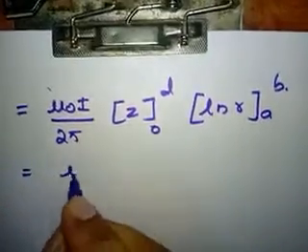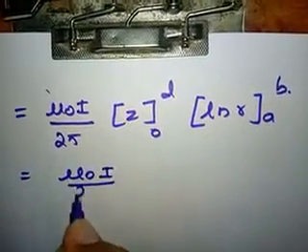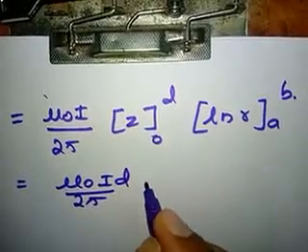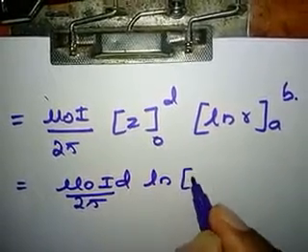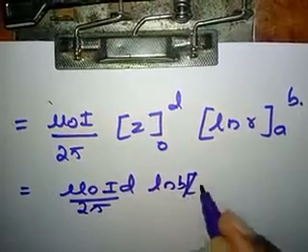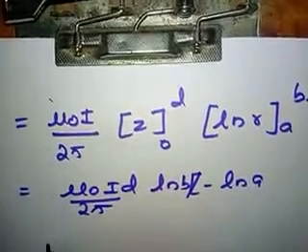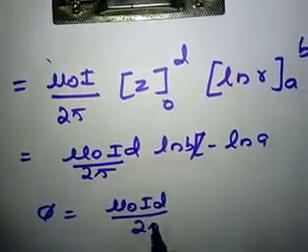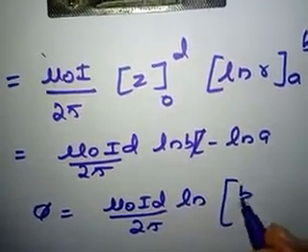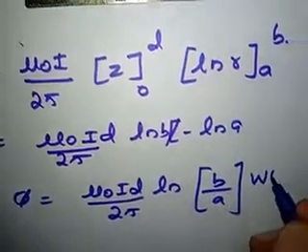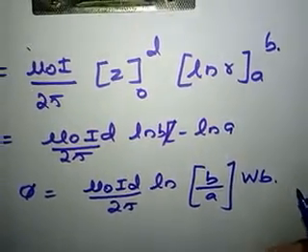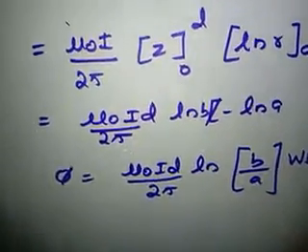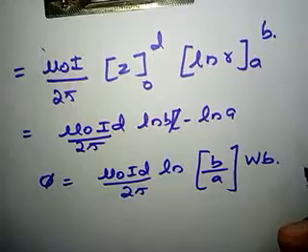On simplification what we get, students? Mu naught I d divided by 2 pi, into ln b minus ln a, that is phi is equal to mu naught I d divided by 2 pi ln b by a Weber. So this is the equation for the application of flux density and flux to the coaxial cable.